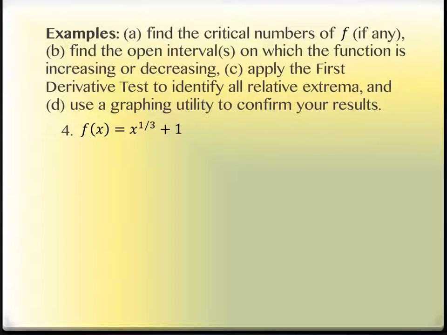Find the critical numbers. Find the increasing, decreasing, relative max min. But this one is a different kind of equation, right? It's not polynomial. So what do we get for our derivative on this one? One-third, then what? x to the negative 2/3.